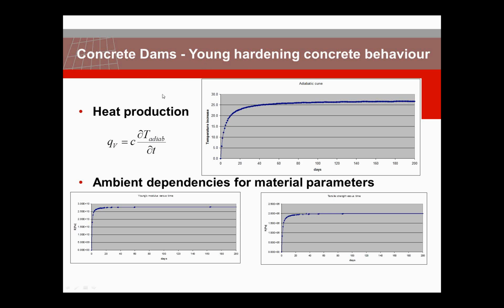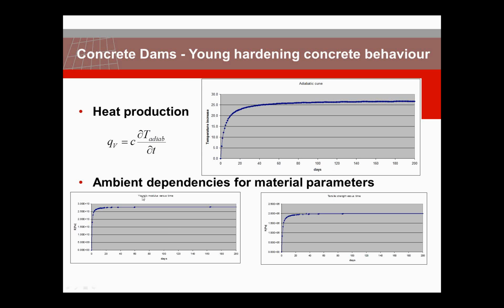The heat development of the concrete under adiabatic conditions. That can be done by this curve. This is the temperature increase as a function of time here in days. It's a monotonously increasing curve which goes to a maximum value, which corresponds with the total heat that can be generated.